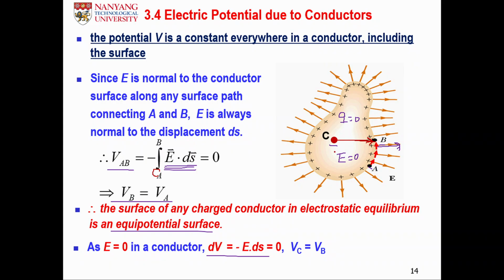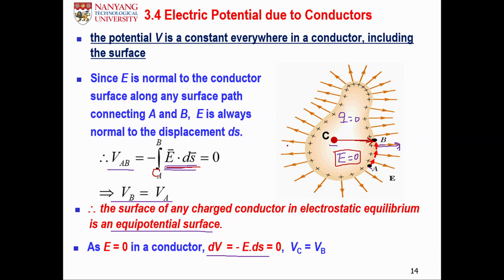And inside the conductor, E is always 0. Then of course this dot product is always going to be 0. That is to say, VCB also equals 0. VCB is 0, means VC always equals VB and always equals VA.